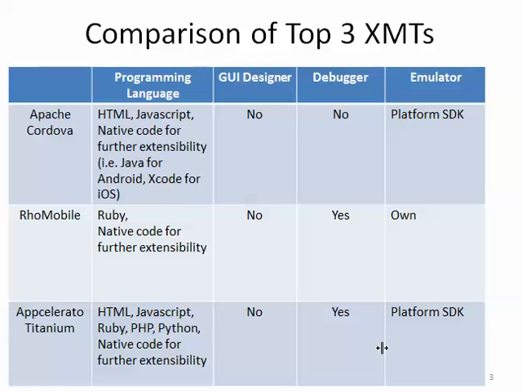This table makes a comparison in which you see most of them are using an HTML and JavaScript approach, and in the case of Cordova, you further extend it into Java and into Xcode for iOS, and others use other types of languages. But again, the idea is that you just develop in one system using the languages or the environment that they have, and then from that we make the transition.